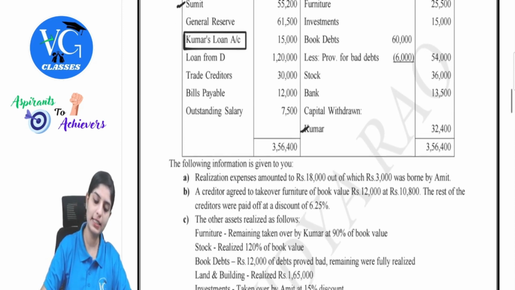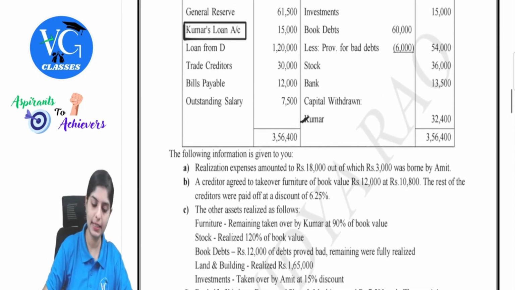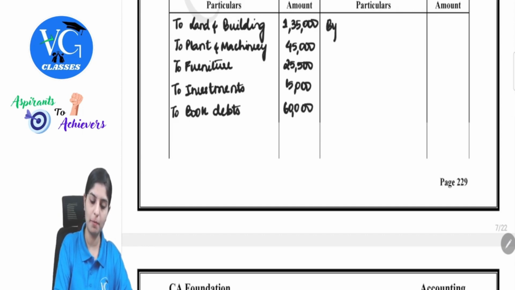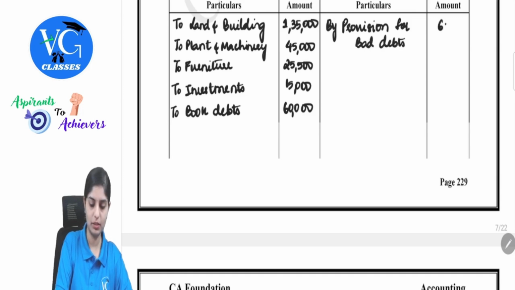Book debts 60,000 and provision for bad debts is 6,000.